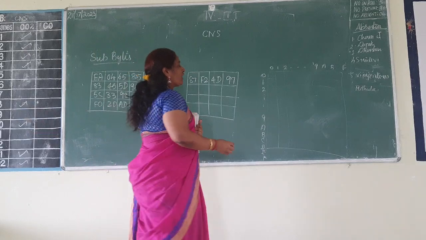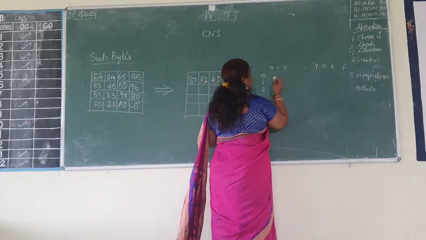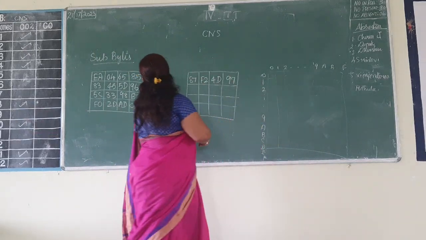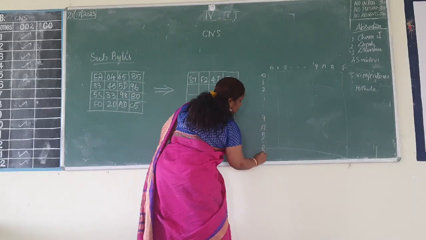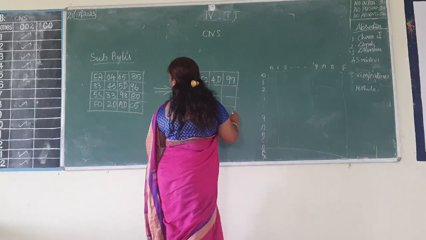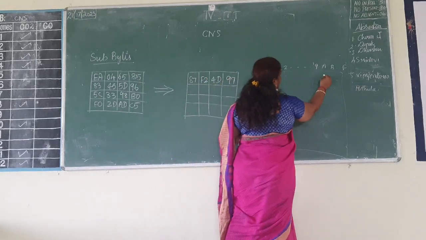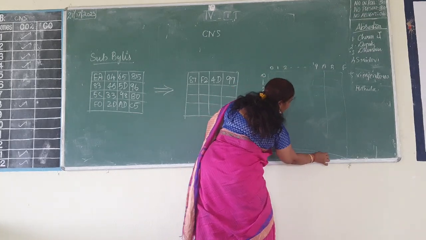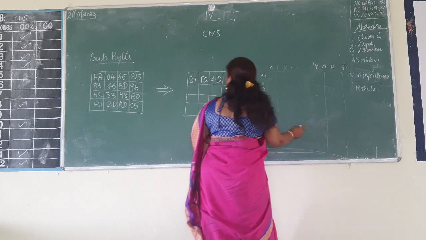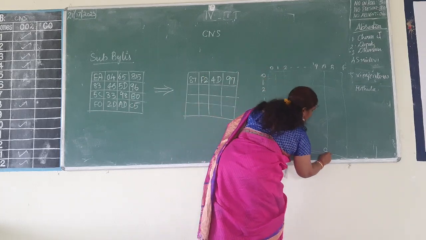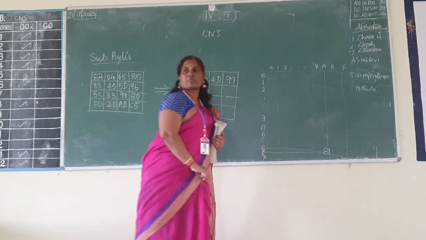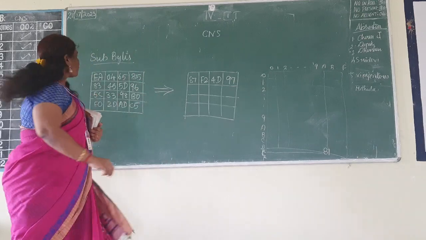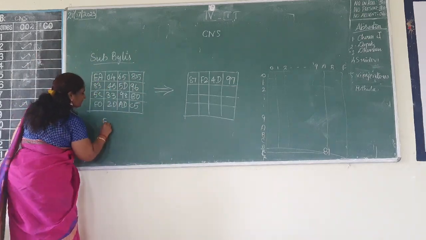So the S box will be having entries, for example, here it is E and A. A is here, which means the meeting point of E and A will be having some value which is 87. So here you take EA.